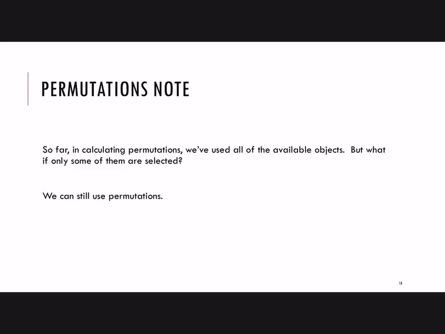Okay, so far in calculating permutations, we've used all of the available objects. But what if only some of them are selected? We can still use permutations. So let's say that you had a class of 20 people, and rather than arranging all 20 of them in a row, let's say that we just wanted to choose like 3 representatives, and maybe we're choosing them for first, second, and third prize or something like that.